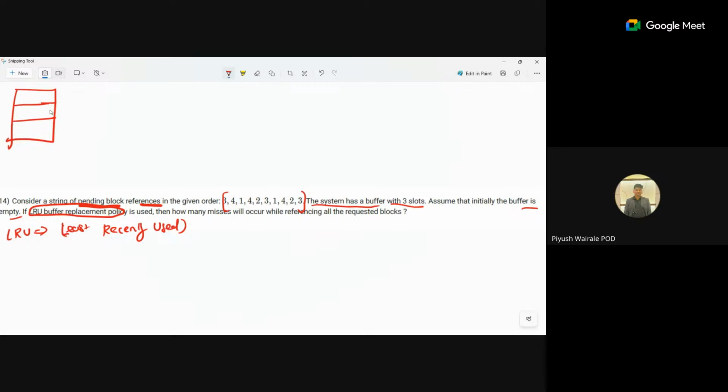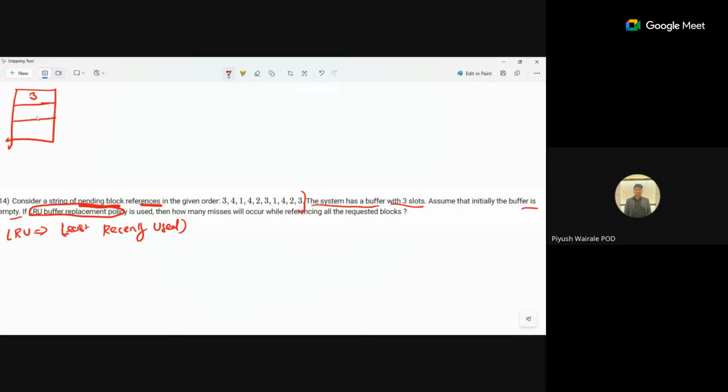Among those three blocks, which block was recently used? Least recently used means the old one, the one used at the initial step. So initially the first element is 3 here, so I can add the 3 here. Then the next element is 4.